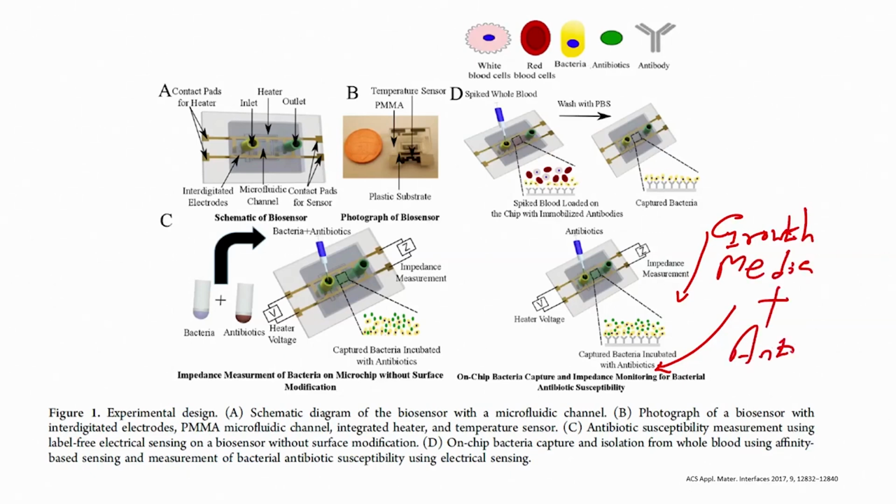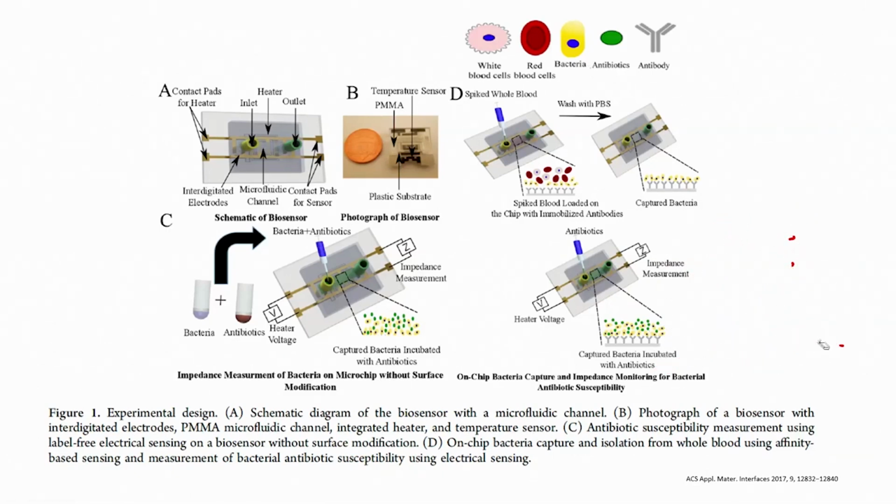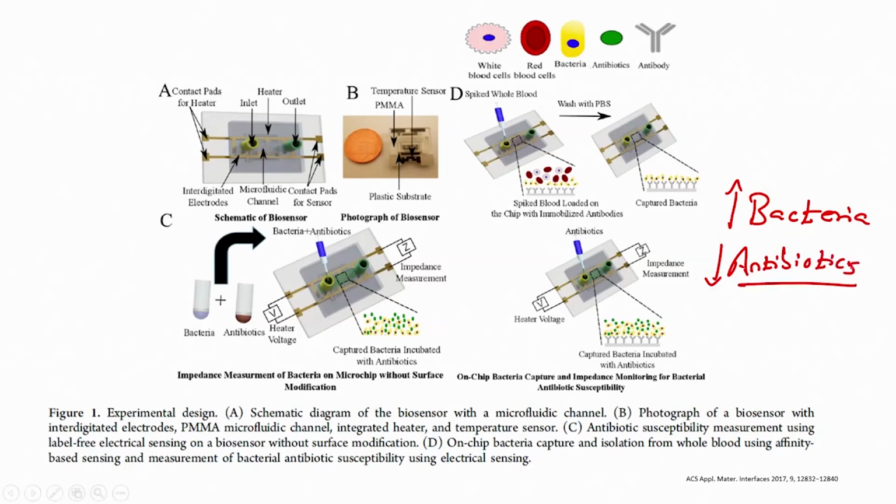When you do that, what will happen? There is growth media and antibiotics. What is the role of growth media? Growth media will help the bacteria to grow. The role of antibiotics is to kill the bacteria.